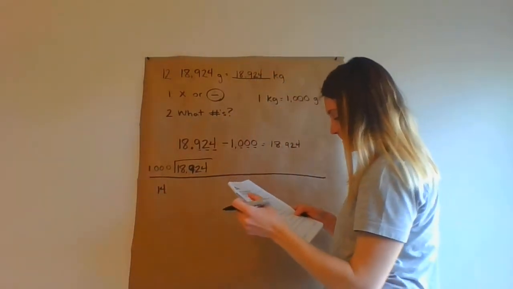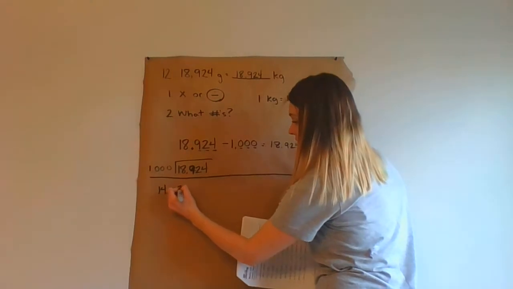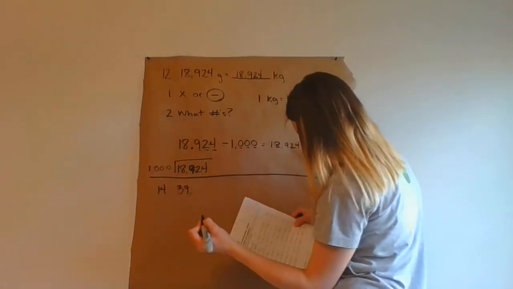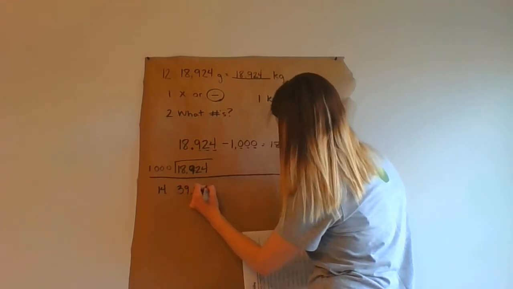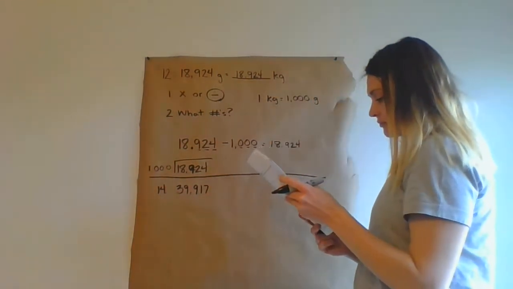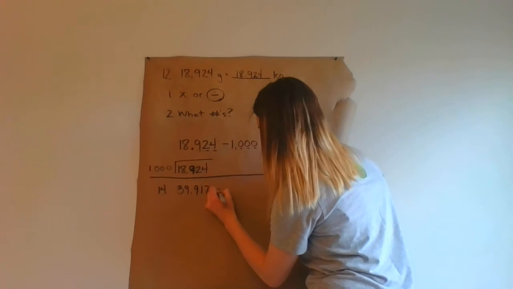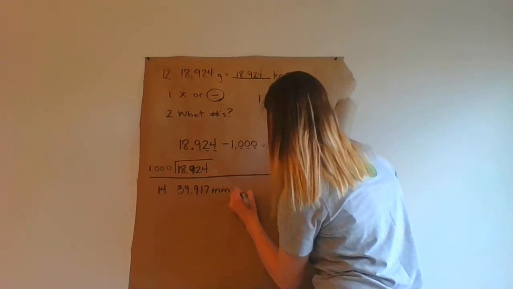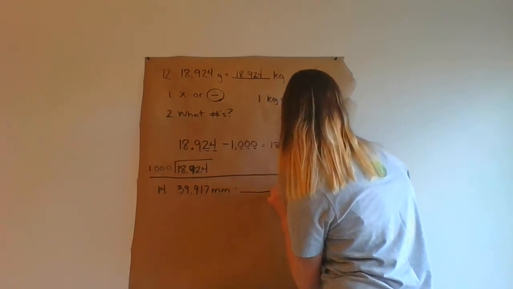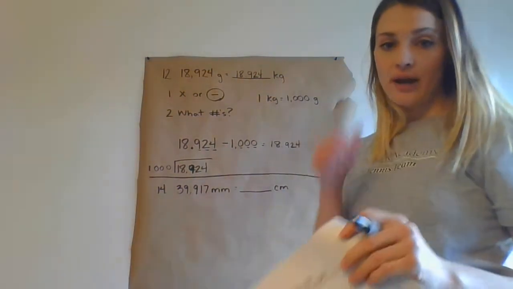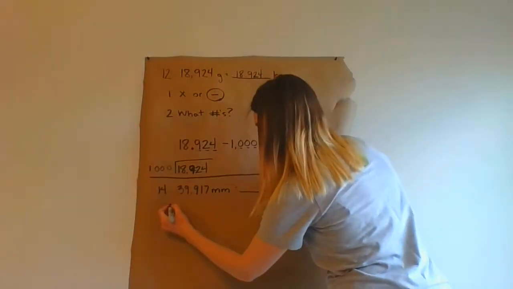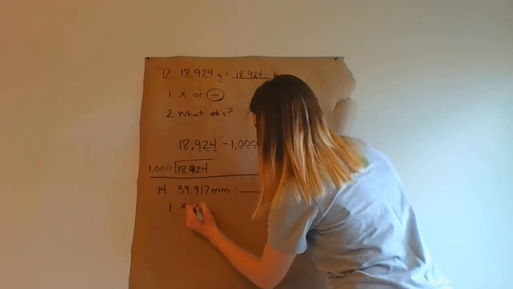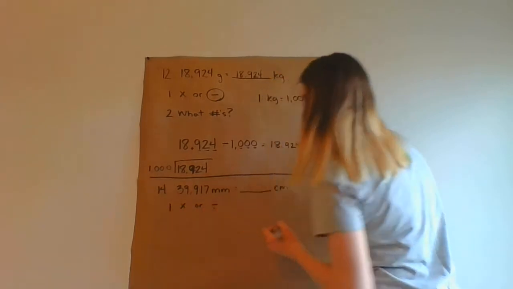We've got 39,917 millimeters equals how many centimeters, okay? Now, first thing I need to do, number one, am I going to multiply or divide?